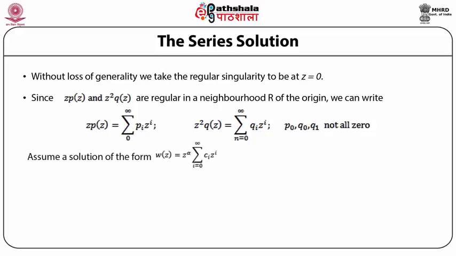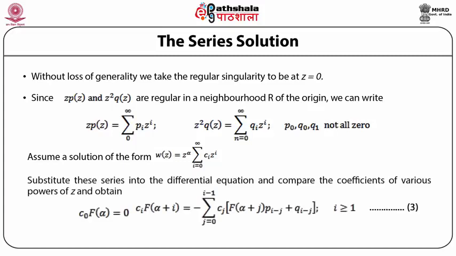Let us assume a solution of the form w(z) is equal to z raised to power alpha summation over i going from 0 to infinity c_i z raised to power i. If we substitute these series into the differential equation and compare the coefficients of various powers of z, we obtain the following recurrence relation. c0 times capital F of alpha is equal to 0.